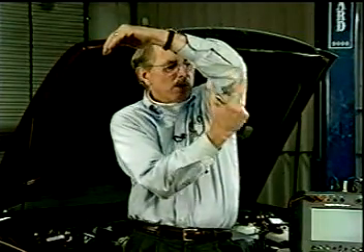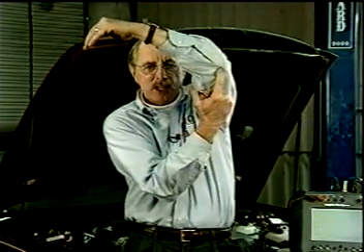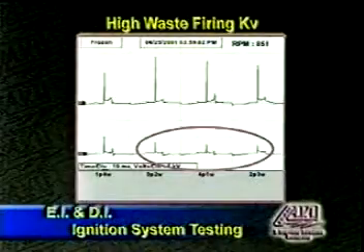Well, if my kV probe is before the break and current flows this way, let's say for a negative firing event, my kV probe is before the air gap, the unauthorized air gap inside the secondary lead, then my kV value is higher than normal, and it's indicated by that 5 kV demand to fire that number 4 waste cylinder. Remember, we're firing these spark plugs with the exhaust valve open. There is no compression, so the kV demand should always be somewhere between 2 and 4 kV.